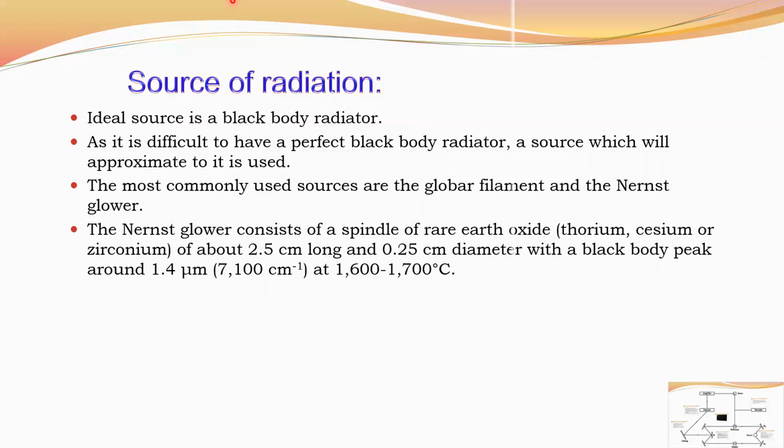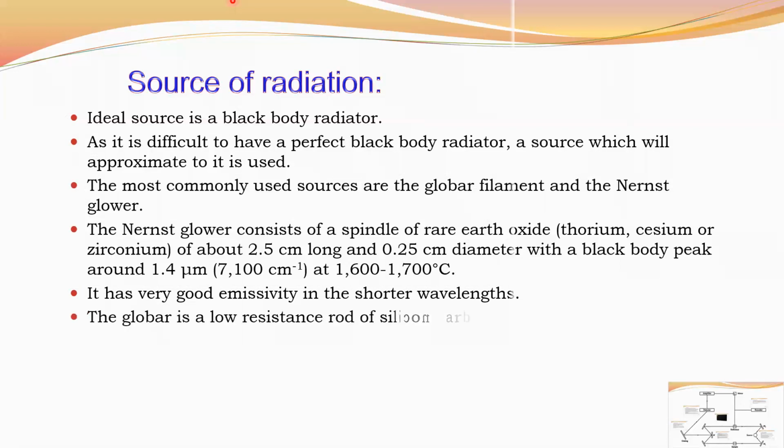So it is capable in the short wavelength. It has very good emissivity in the shorter wavelength. So in the higher wavelength, we have to use the next source, that is the Globar filament.